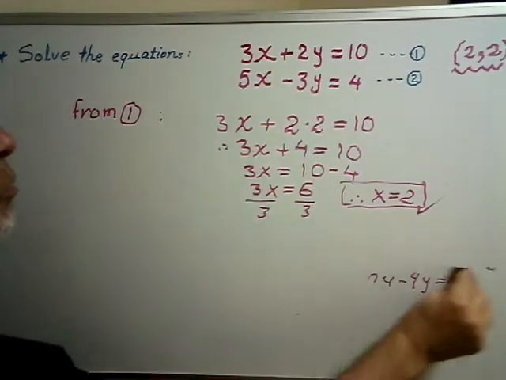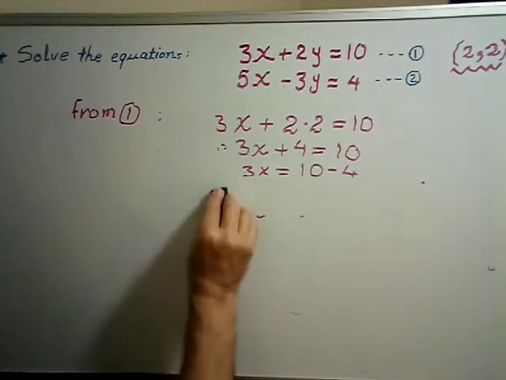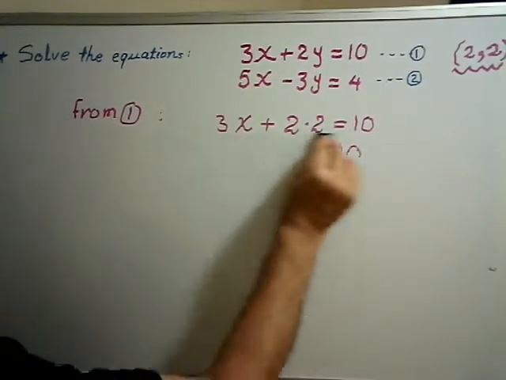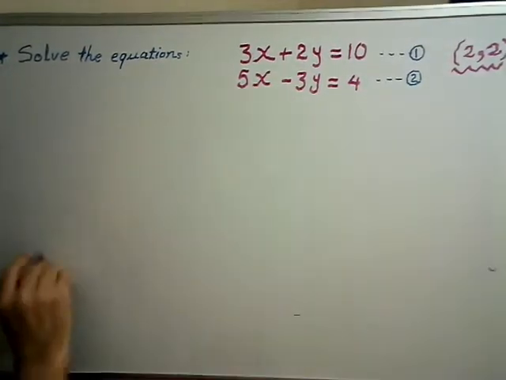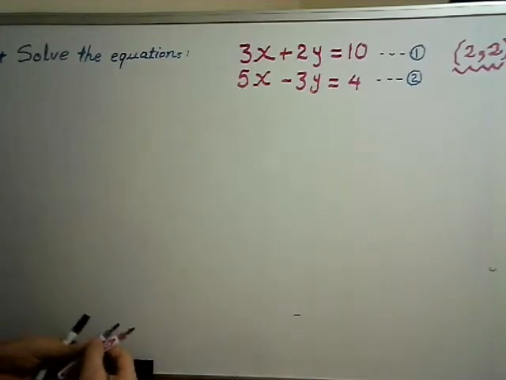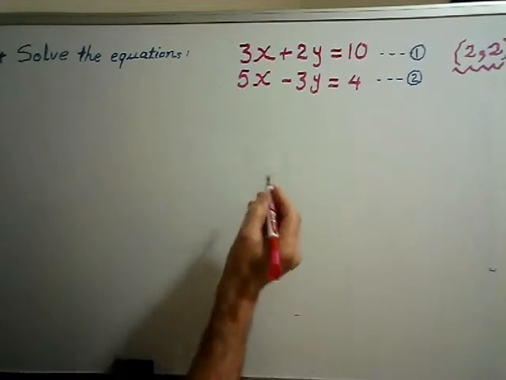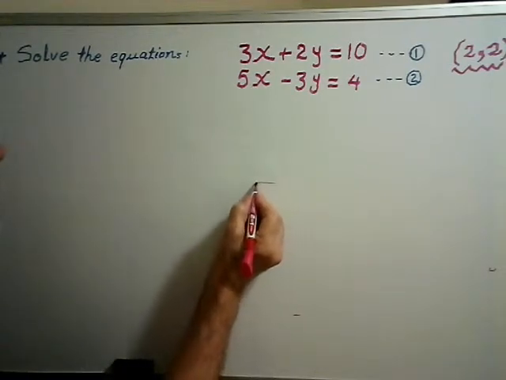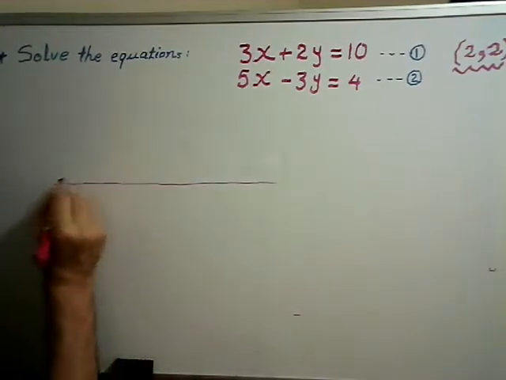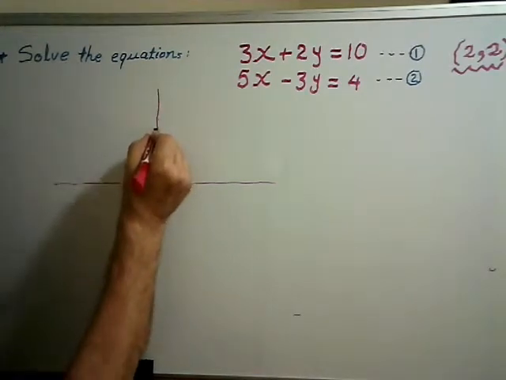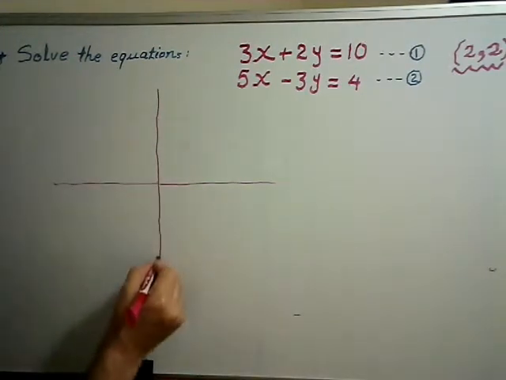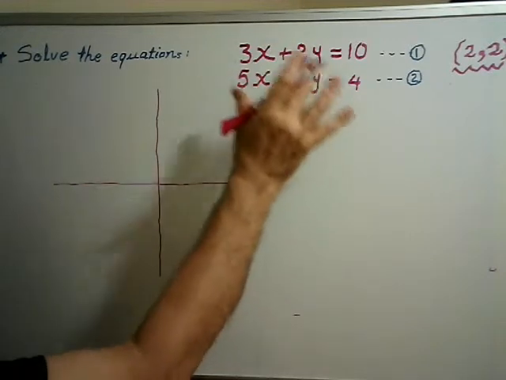To do that, we have to be accurate when we get the scales for the graph. If you consider here the x-axis and here the y-axis, this is the third method of solving these equations.